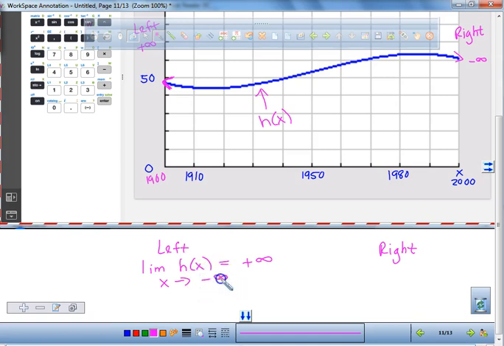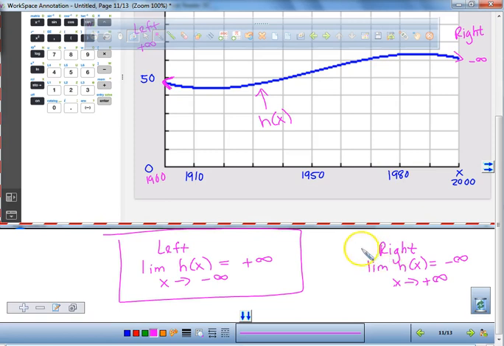And the right side will say the limit of h of x equals, where is this one going? Negative infinity, as x is approaching positive infinity. And so everybody, this is your answer for the left end behavior. This is your answer for the right end behavior.